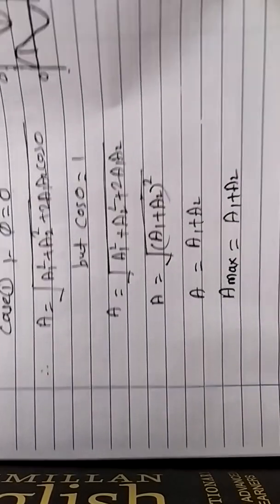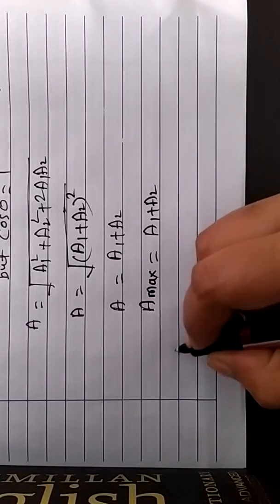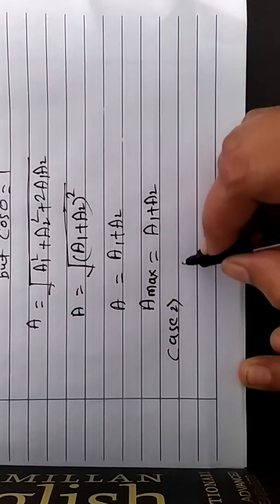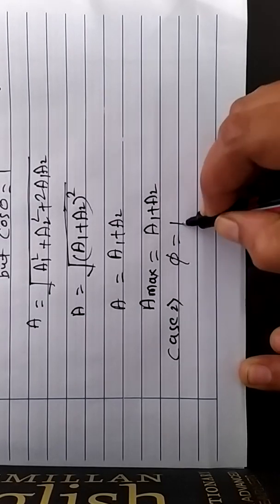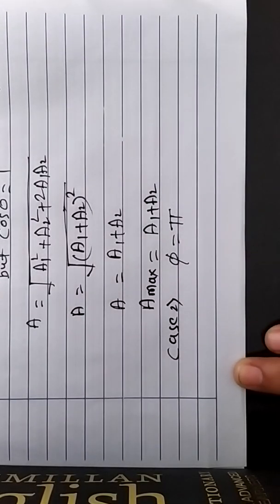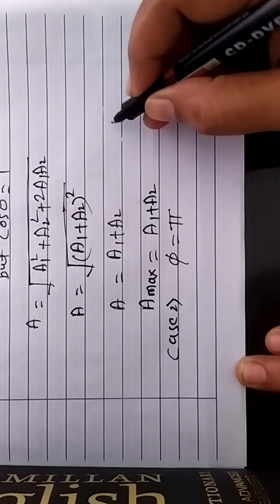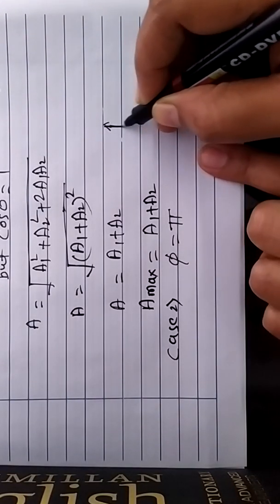Now we can see case two, where phi is equal to pi, so the phase difference is pi.